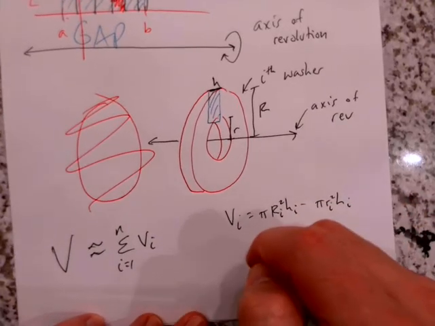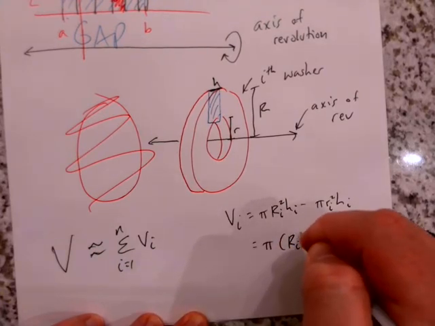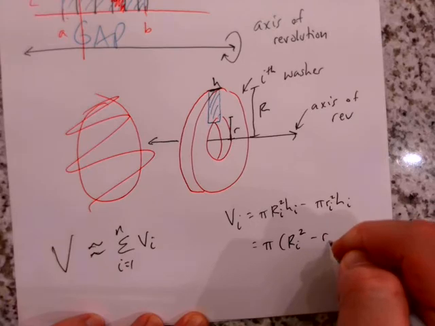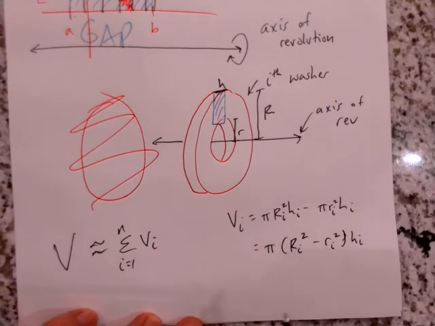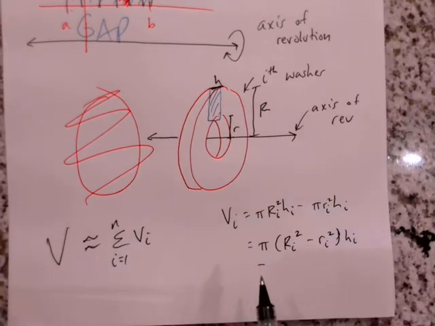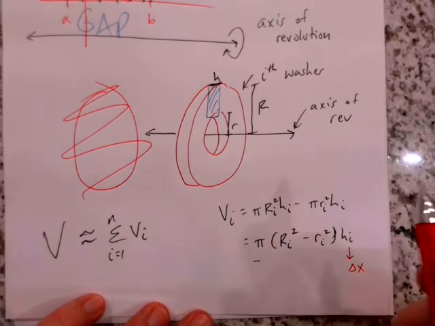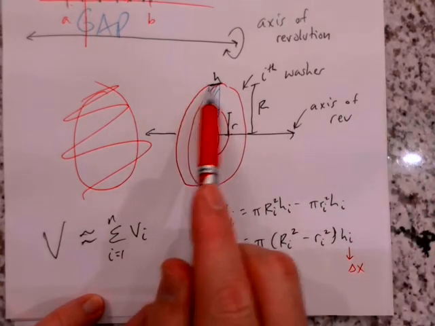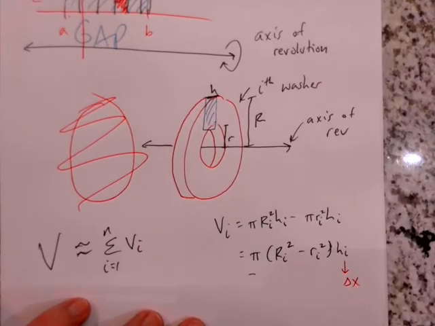We can factor that a little bit to give us pi times big R sub i squared minus small r sub i squared times h sub i. h sub i is delta x, just like with the disk method, because the height corresponds to the base of the rectangle, which is how much you move in x.